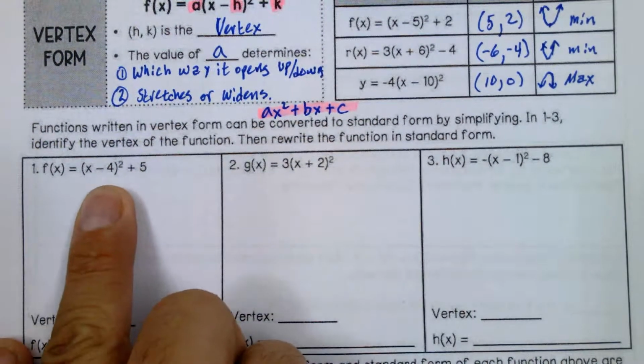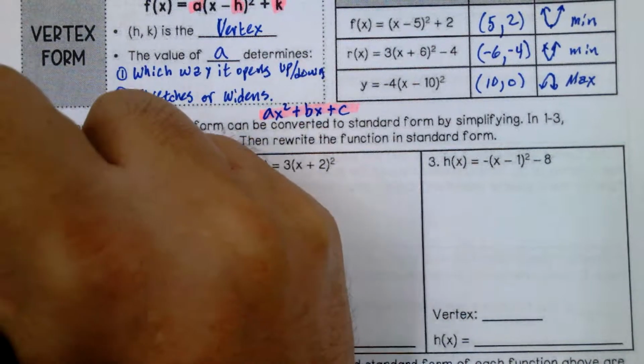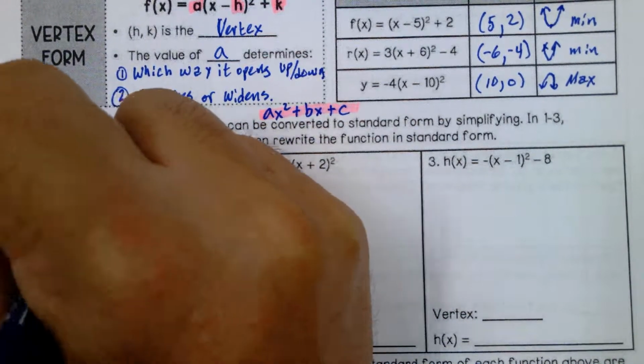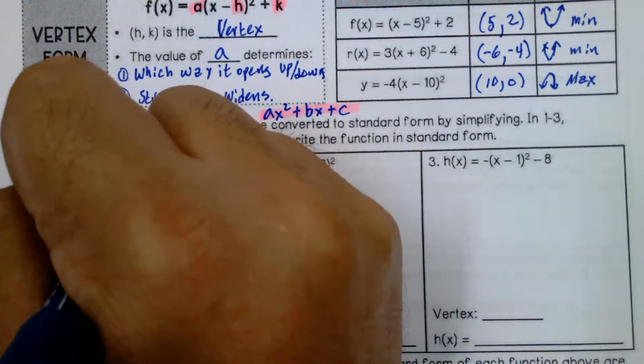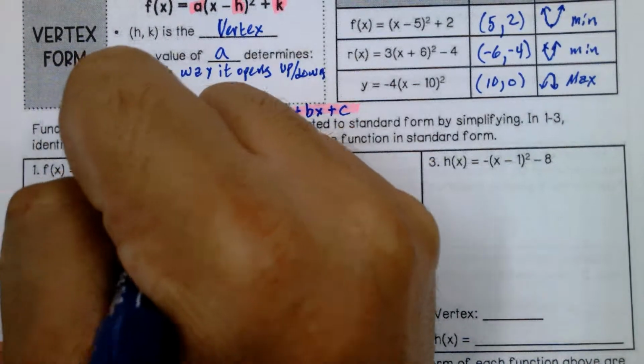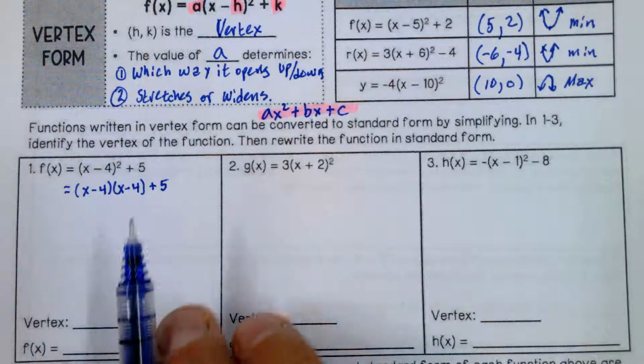Well, you square x minus 4, the whole binomial. So one way to do this is x minus 4 times x minus 4 plus 5. The other is, if you remember the way to square a binomial that we talked about a few weeks ago, I'll remind you. Maybe it'll come back when we do this one.